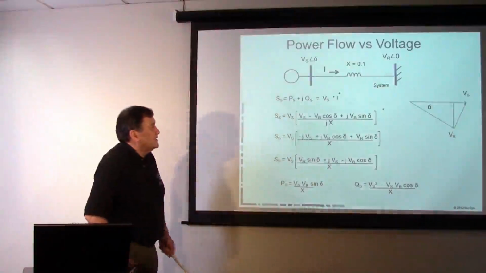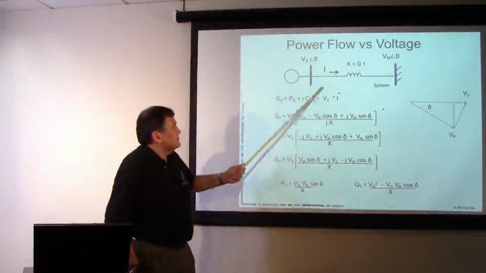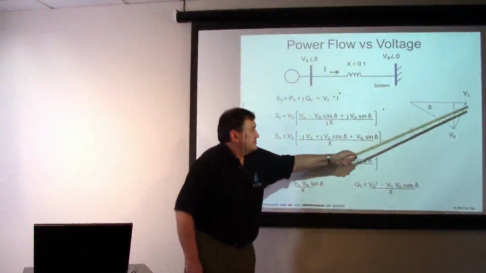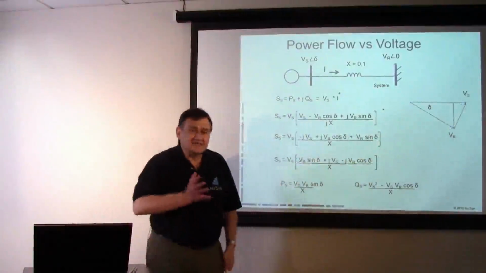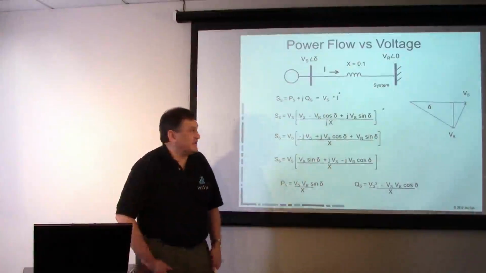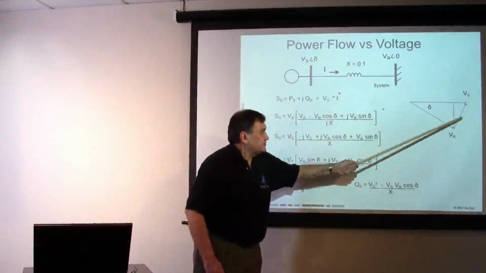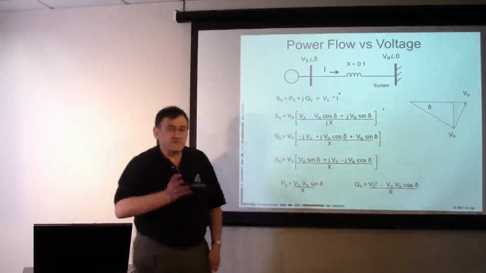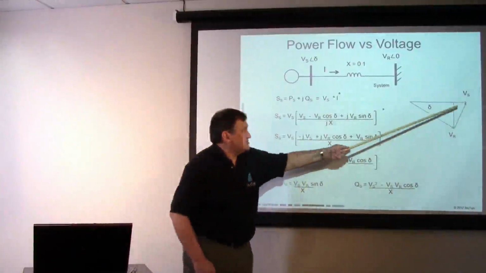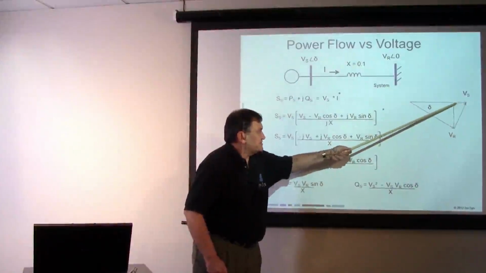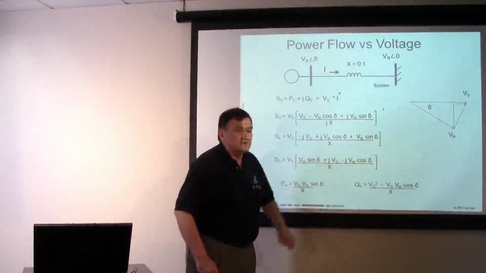Basically what we can say is that if I have two voltages here, a sending end voltage and a receiving end voltage, I take the difference between those in a complex plane, and I get this vector here. We can represent that vector by the summation of this voltage difference here and this voltage here.